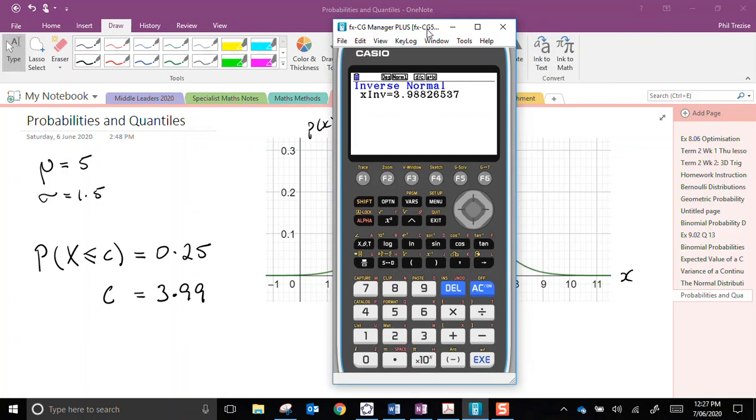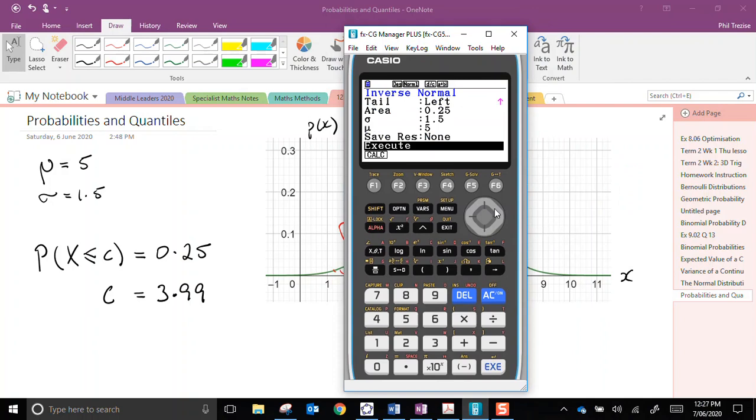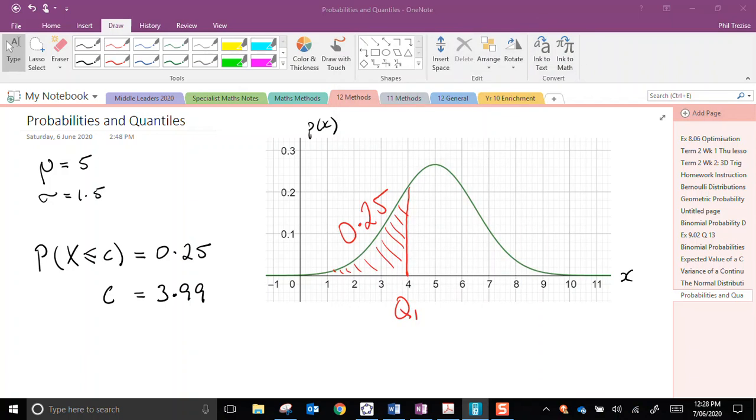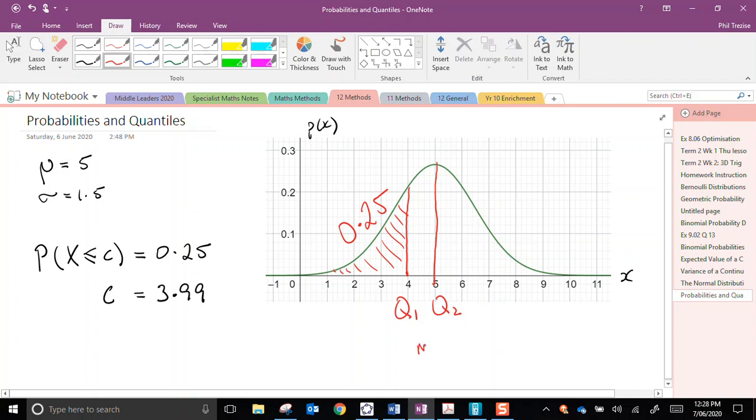Now, what if I wanted to know where the probability was 0.5? So this is the area to the left of this point will equal a probability of 0.5. Look at that, it's the value of 5. Now, that's not the least bit surprising, I hope, that the value here is the second quartile, also known as the median.